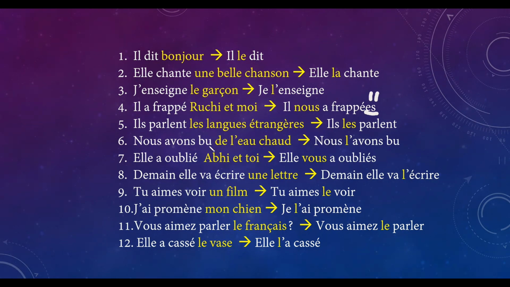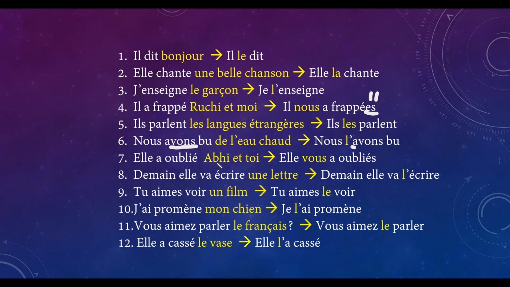Nous avons bu de l'eau chaude. We drank warm water. De l'eau chaude, masculine, singular, and since it is passé composé, it will be placed before the auxiliary. Nous l'avons bu. Why l'? Because it starts with a vowel.